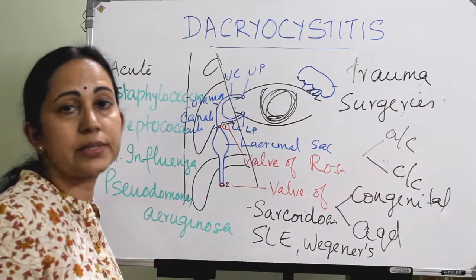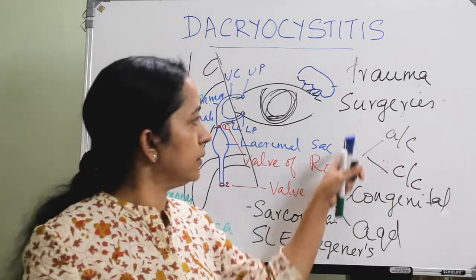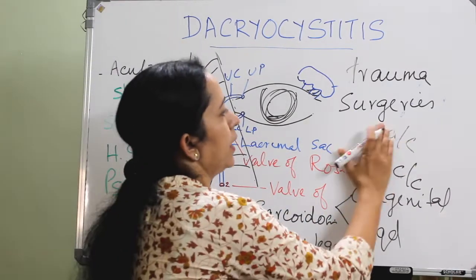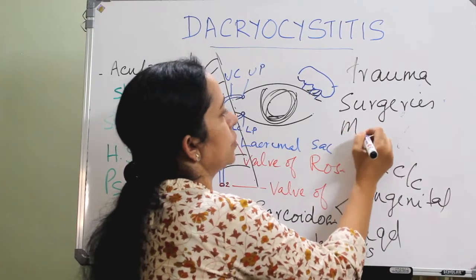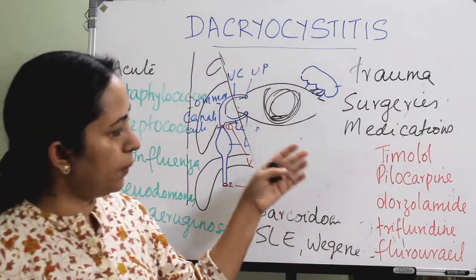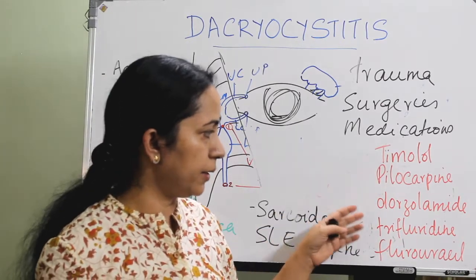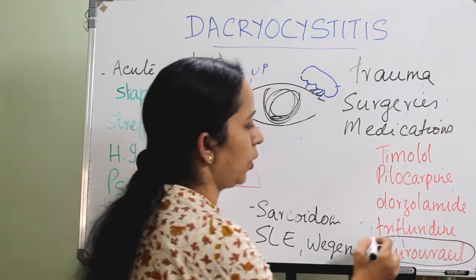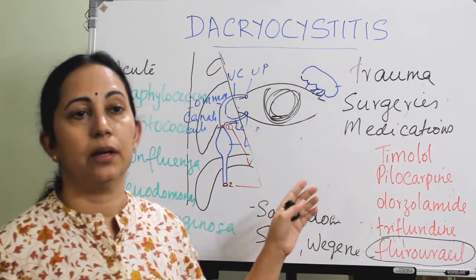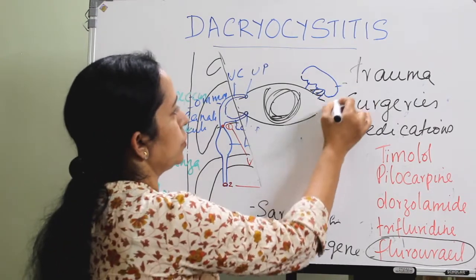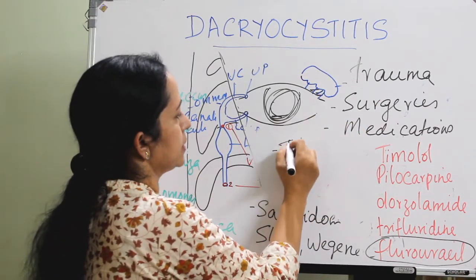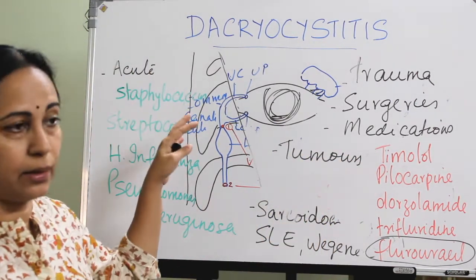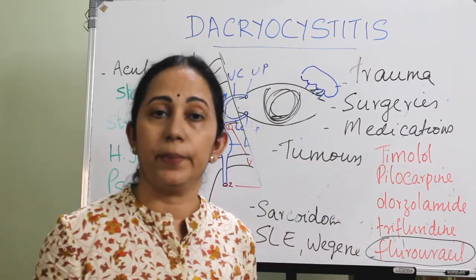Surgeries are mainly endonasal and endoscopic sinus surgeries, which are associated with dacryocystitis, and some medicines. Which medicines? All these medications: timolol, pilocarpine, dorzolamide, trifluridine and fluorouracil. Of these, fluorouracil is the commonest drug associated with dacryocystitis, and also we have tumors, primary neoplasms of the lacrimal sac, and also papillomas.